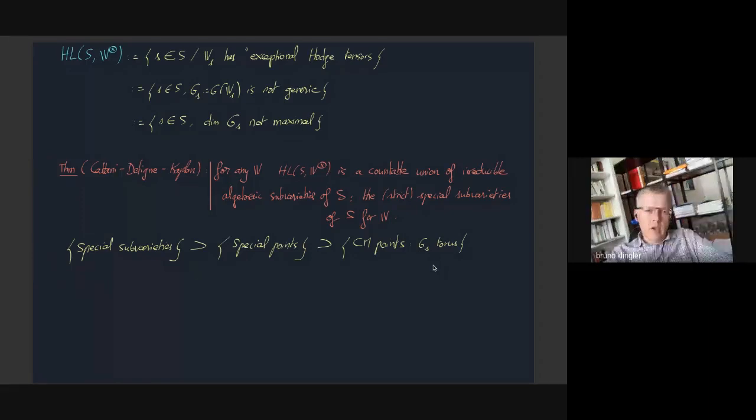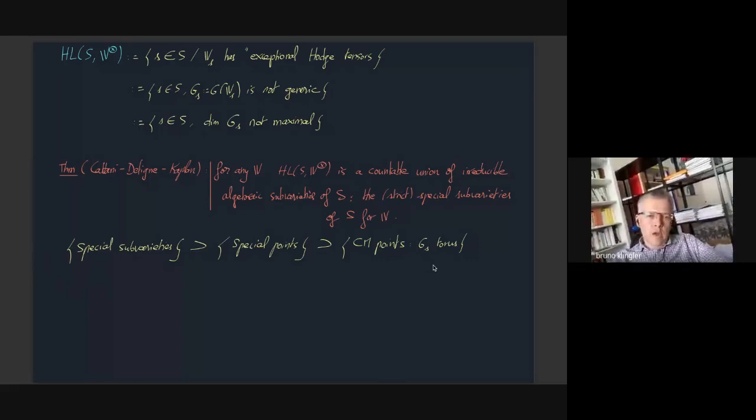S, algebraic subvarieties of S that I call the strict special subvarieties of S for this local system. So the picture that you need to have in mind is that each time you have a variation of Hodge structure, you get for free this countable union of irreducible algebraic subvarieties. And of course, inside those ones, you have those of dimension zero.